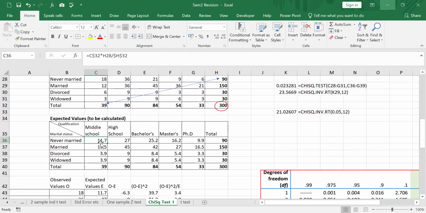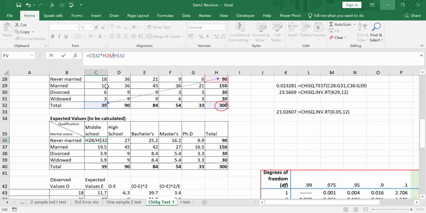So before dragging it down, first freeze this, because we are dragging from row to row. Even if this dollar is not there, it's not a problem, but when I drag to the next, I do not want $32 to change.